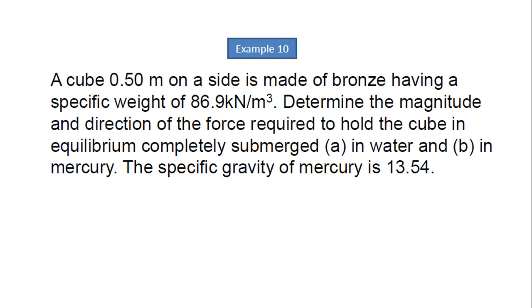Okay, so let's look at another example, example 10. A cube of 0.5 meter on each side is made of bronze, having a specific weight, symbol gamma, of 86.9 kilonewton per meter cubed.